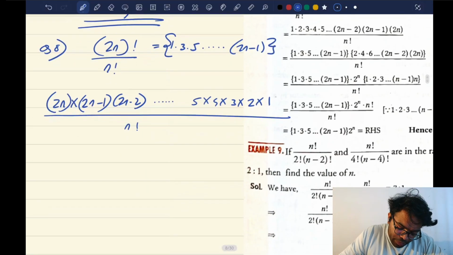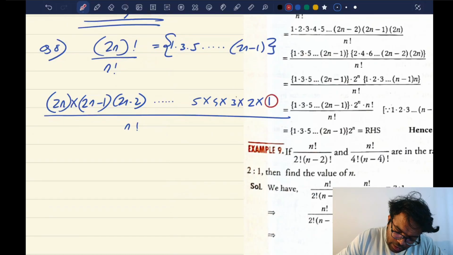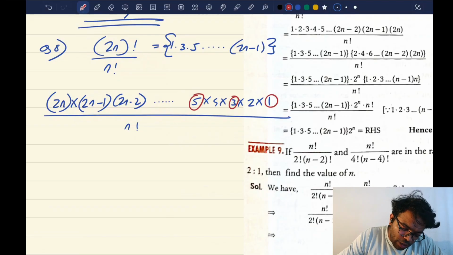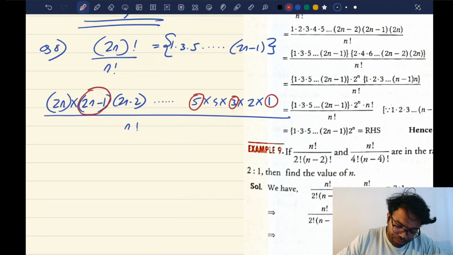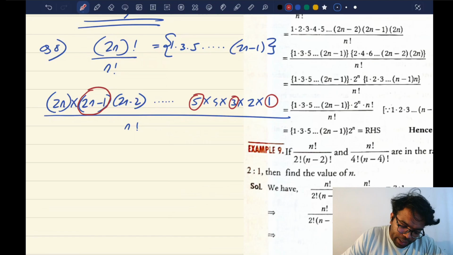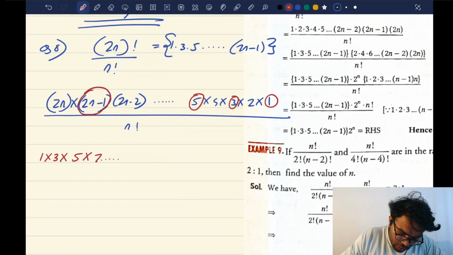So what can we do? Let's see, I'll show you something. We have this 1 3 5 7 9, then you have 2 to the power of n minus 1. Let's bring all of them together. So I can write it as 1 multiplied by 3 multiplied by 5 multiplied by 7 dot dot dot 2 to the power of n minus 1 multiplied by what is left behind.